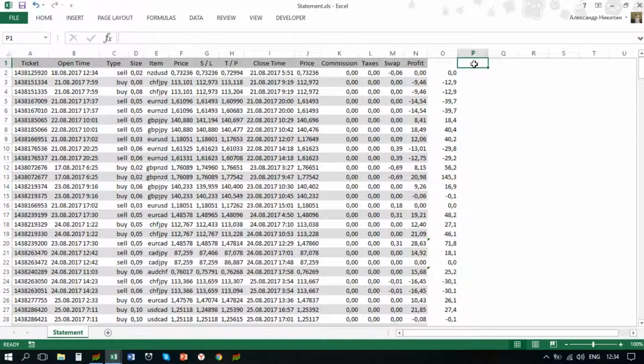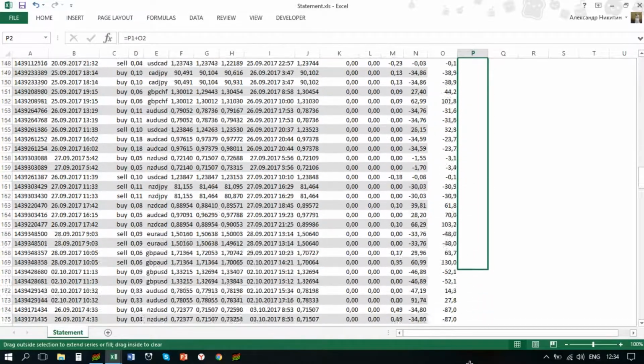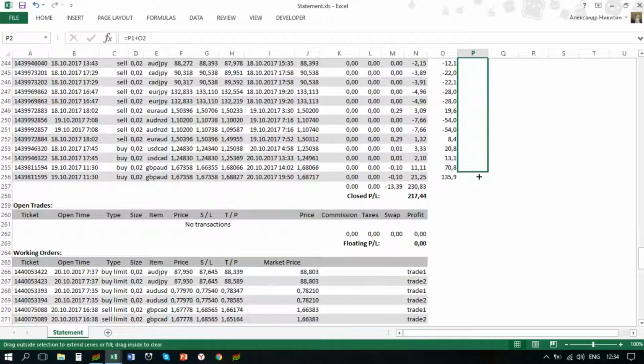Okay. The formula: 0 is the starting point. This equals what was previously plus my result. Perfect. Going next. Stretching to the downside. Okay, this is the amount of pips. 2,264.7.